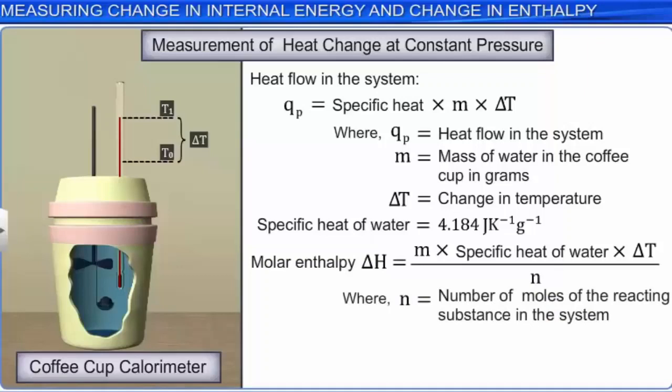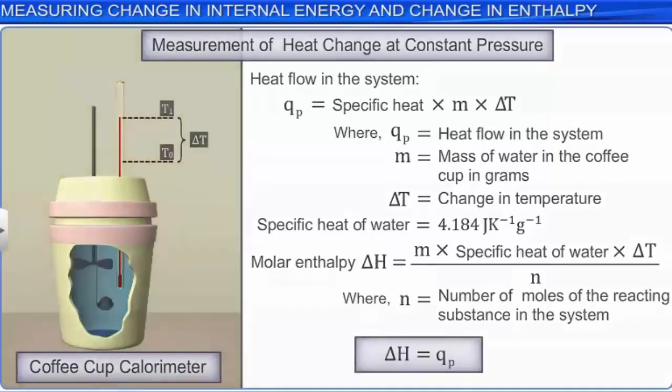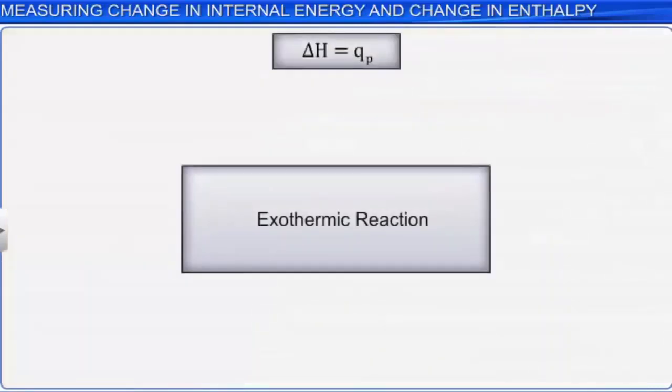It is important to note that when heat is absorbed or evolved by the system at constant pressure, we are actually measuring changes in the enthalpy. Therefore, delta H = QP. In an exothermic reaction, heat is evolved and the system loses heat to the surroundings.